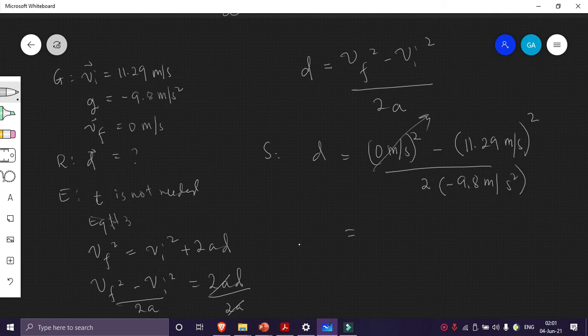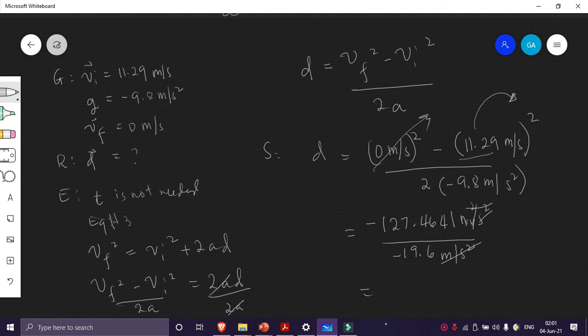Then, we square 11.29. Negative 127.4641 meter squared over second squared, over 2 times negative 9.8, that is negative 19.6 meters per square second. So, cancel natin yung mga kailangan i-cancel.